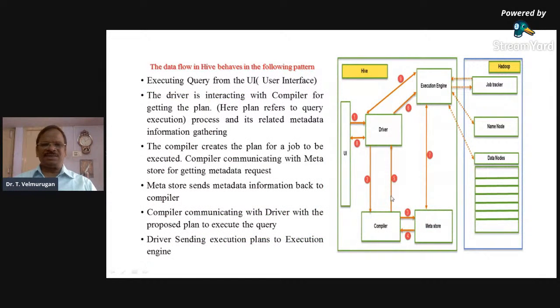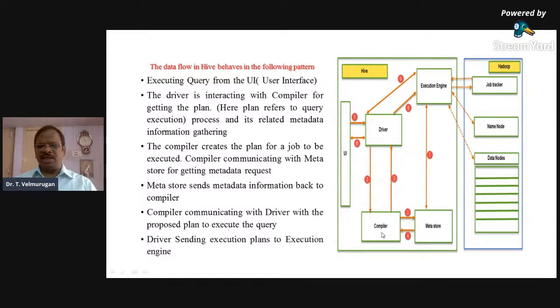So what things are carried out? The data flow in Hive behaves in the following pattern. A query is executed from the user interface. The user interface information is sent to the driver. Then the driver sends the information to the compiler, what information we want to read.